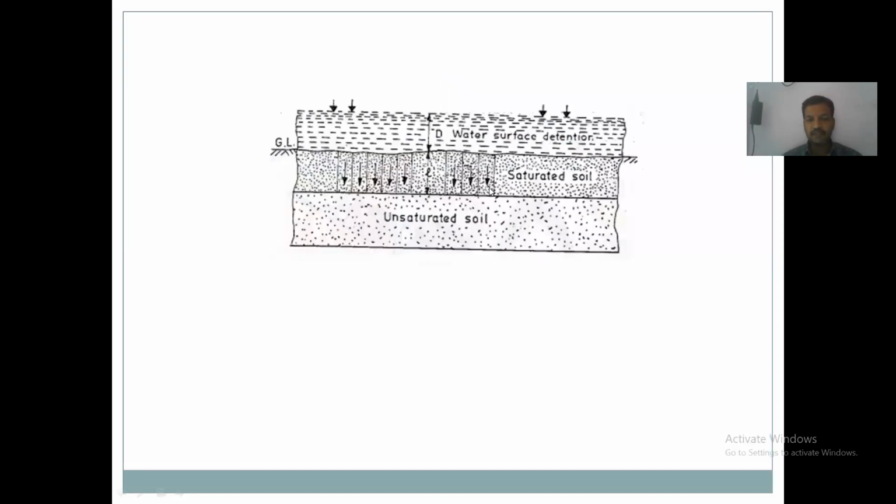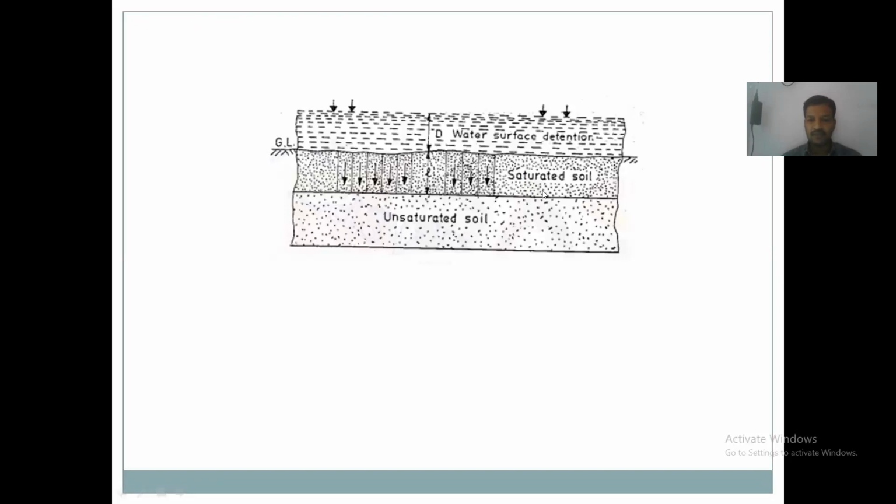This is a diagram which shows the thickness of the saturated layer. See this, capital D is shown as the water surface detention when rainfall water falls on the ground; the ground level is shown. Capital D is the water surface detention, the depth of rainfall.